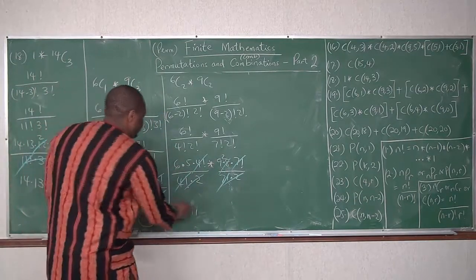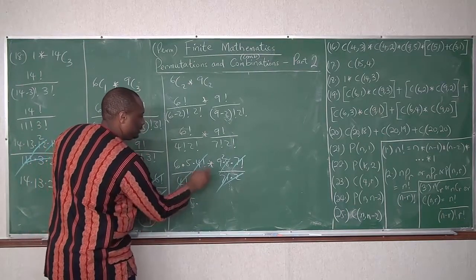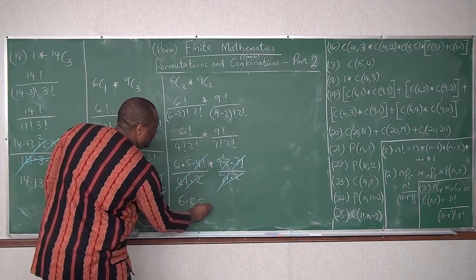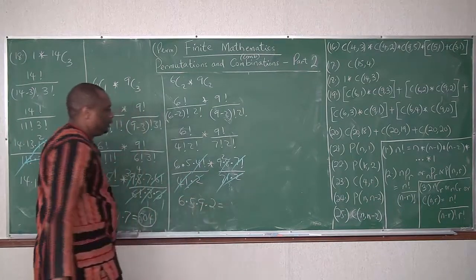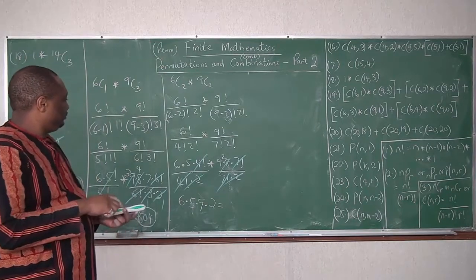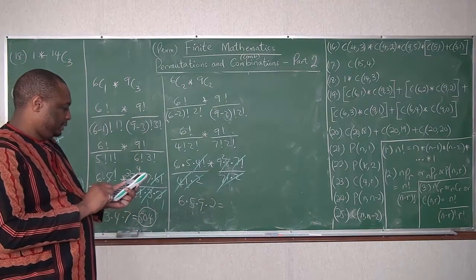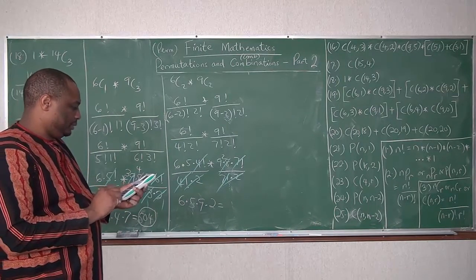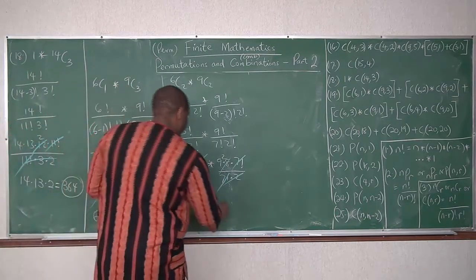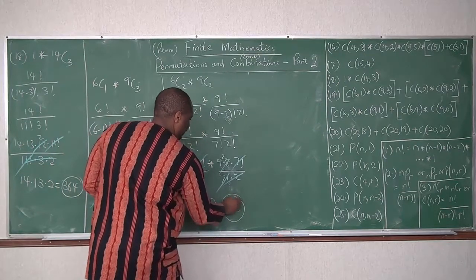So that will be 6 times 5 times 9 times 2. And that is the 30 times 18. 540. Okay, 540.